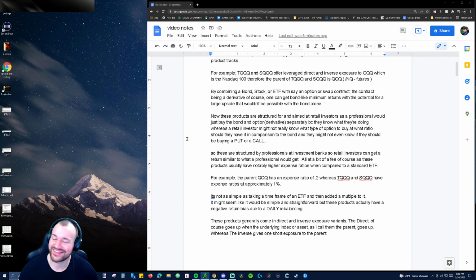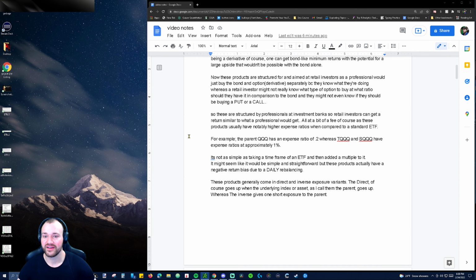However, I don't know. I'm torn on it. I don't think it's that big of an issue because they're already leveraged as it is. So if you're under PDT and you only have 2x margin, you're getting like 3x leverage exposure without having to use any margin, so you're actually gaining a margin multiple on top of what you already had.